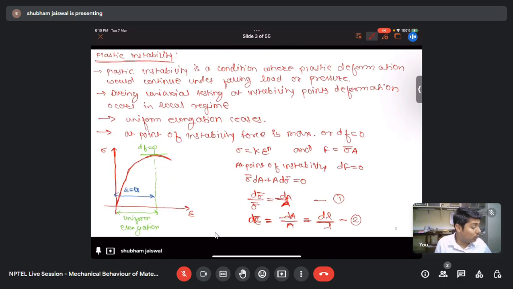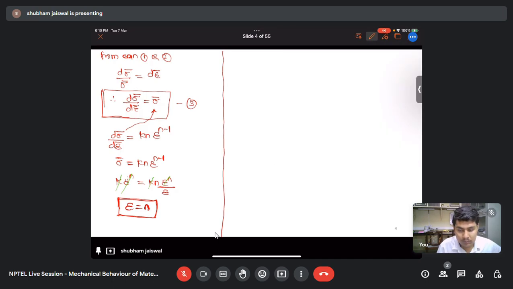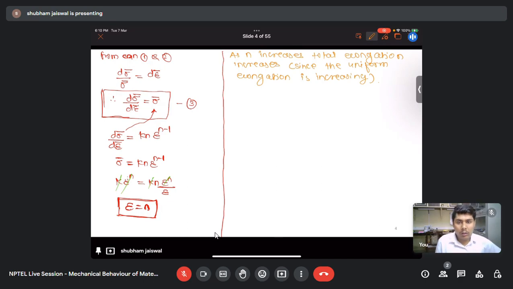Because the increase in n will result in an increase in uniform elongation. Total elongation increases since the uniform elongation is increasing. Okay. Then after that we have seen a concept known as the Considère criterion.